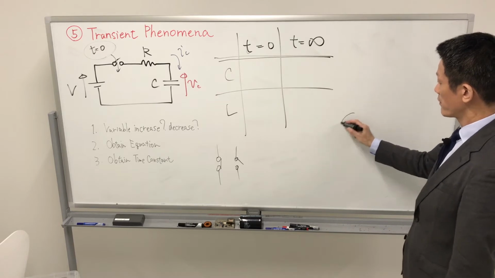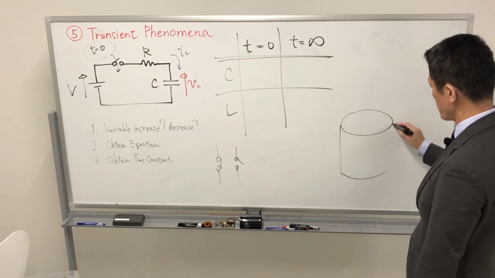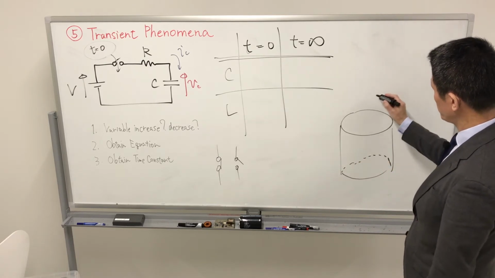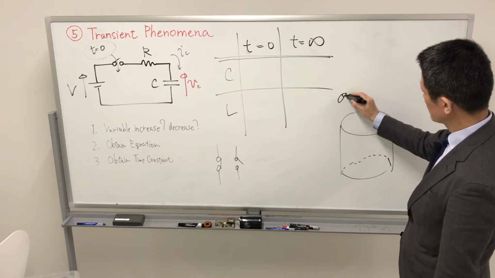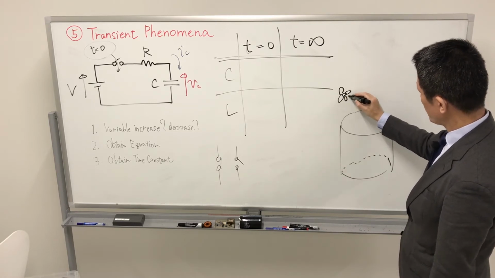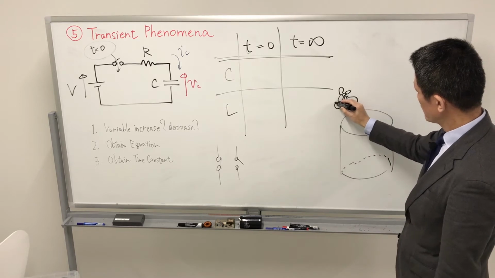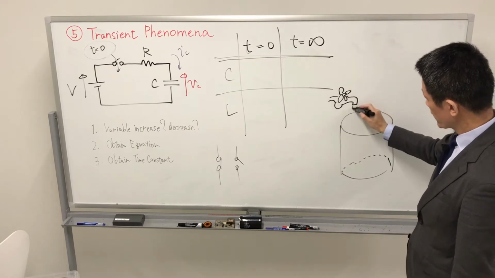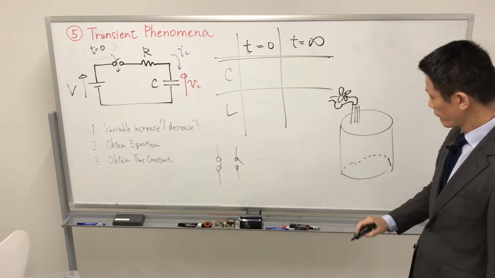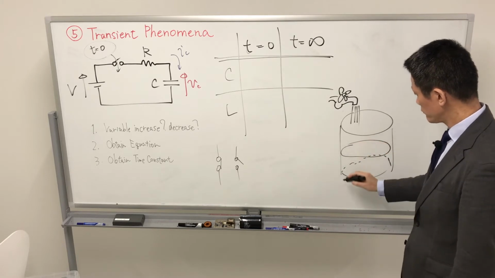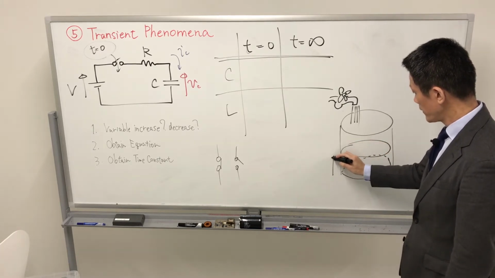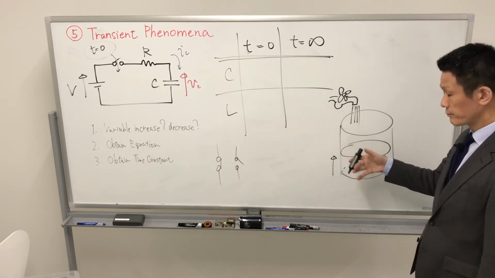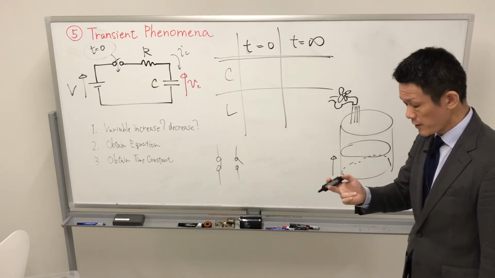In my image, the capacitor is the bucket. The switch is open, the water flows through, and the level gets higher and higher. This is my image.